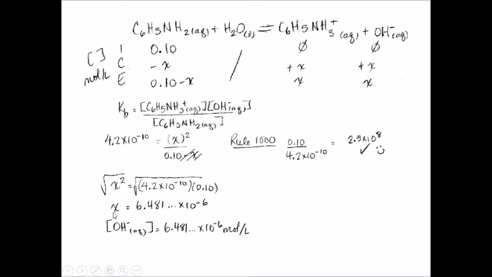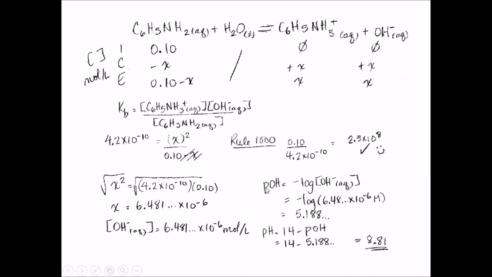Now if we move forward and solve for x, it is equal to 6.481 times 10 to the negative sixth, which is equal to the concentration of OH minus. Once we have the concentration of OH minus, we can solve for pOH.